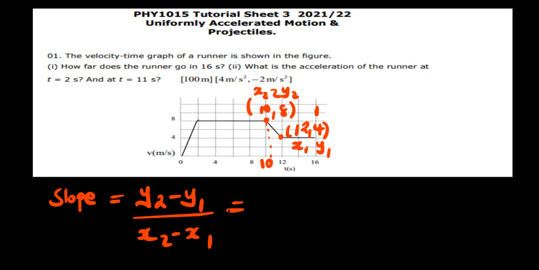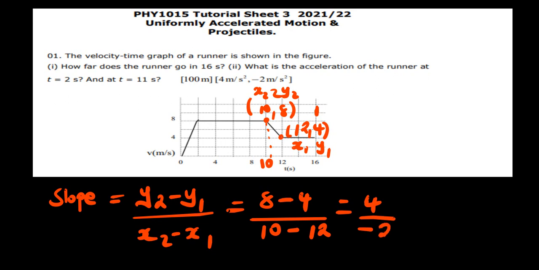So I'm going to say y2 is 8 minus y1 is 4, over x2 is 10 minus x1 is 12. Then we solve 8 minus 4, that is 4, over 10 minus 12, that is negative 2. Then 4 divided by negative 2 will give us negative 2.